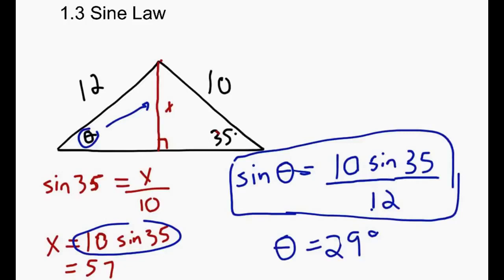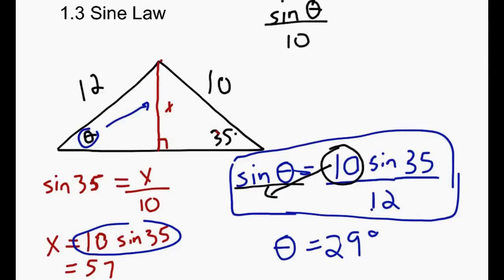So what I'm going to do is I'm going to take this 10 and I'm going to move it down, because remember, because we have fractions, we can kind of cross multiply without really changing anything. So I want to change it so that we'd have sine of the angle that we're looking for divided by 10 would equal sine of the 35 divided by 12.